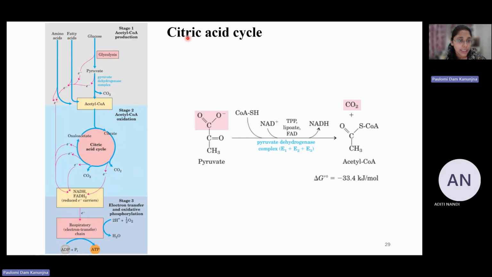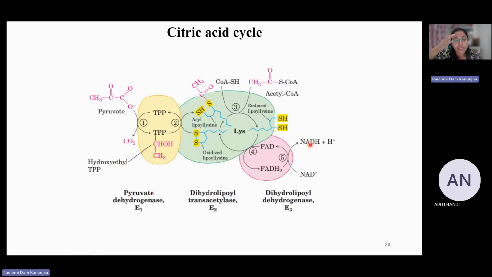First of all, your pyruvate formation. From pyruvate, you have acetyl coenzyme A, and from acetyl coenzyme A, we will then move on to ATP generation. So pyruvate is converted to acetyl coenzyme A by the pyruvate dehydrogenase complex, which is basically 3 enzymes or 3 complexes together. The first complex that you see here is pyruvate dehydrogenase E1.